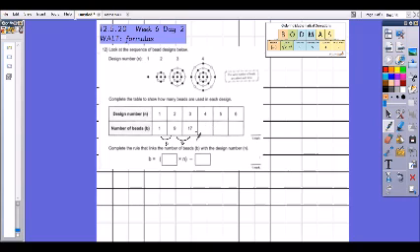So for number 4, we're going to do 17 add 8, which is 25. Then we're going to do 25 add 8, which is 33. And then we are going to do 33 add 8, which is 41.